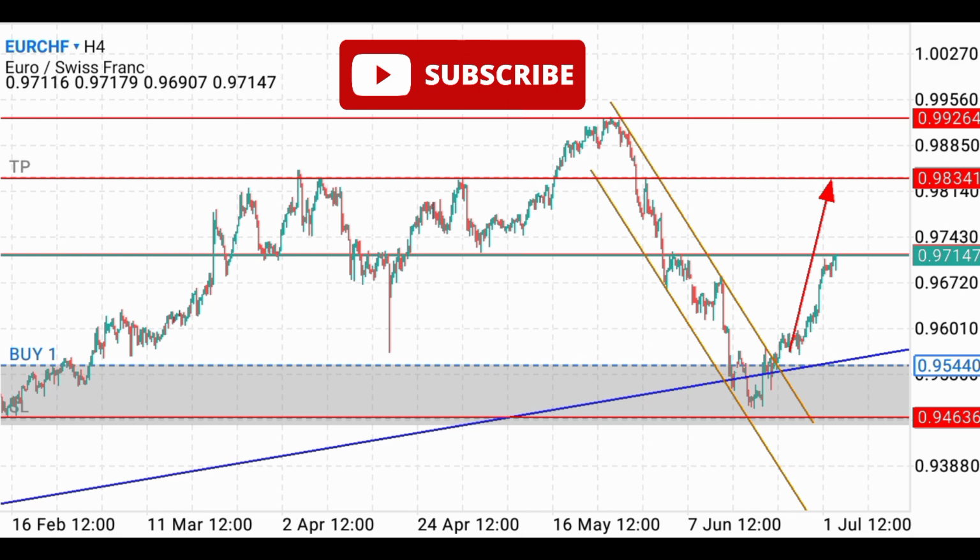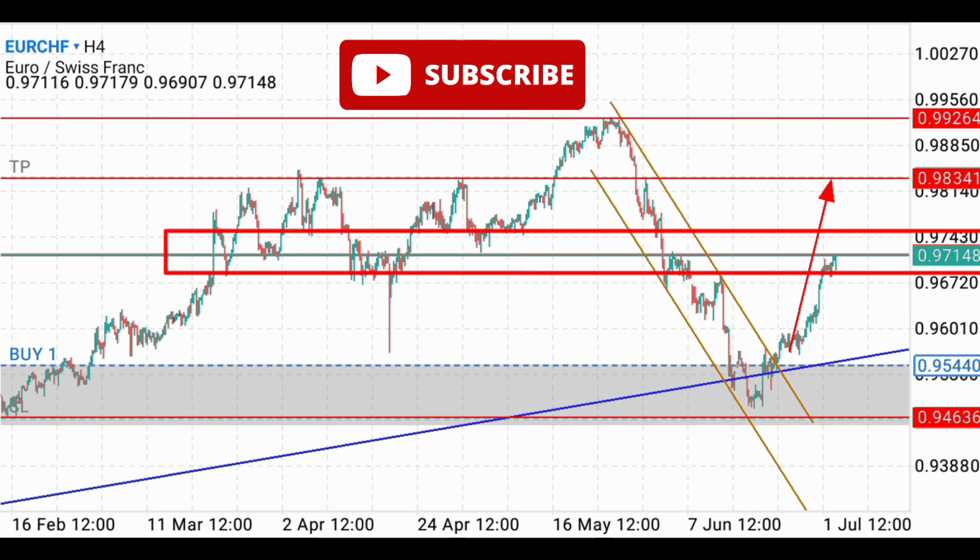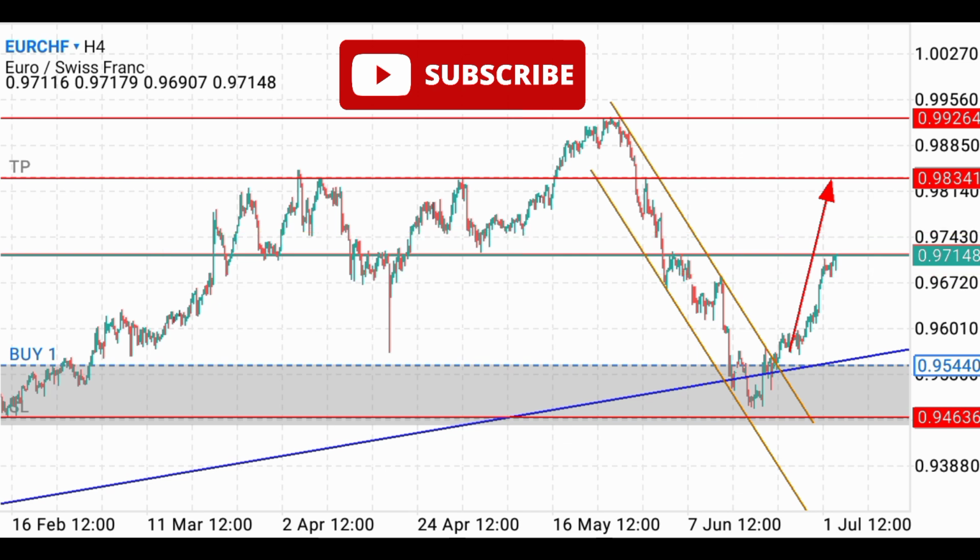Since then, the market has been going just as expected, but right now we're coming to an area of interest. So we just want to start managing our order to ensure that if peradventure the market decides to drop back, we don't lose all the gains we've made. The question you should ask yourself is, where best can you adjust your stop loss to?